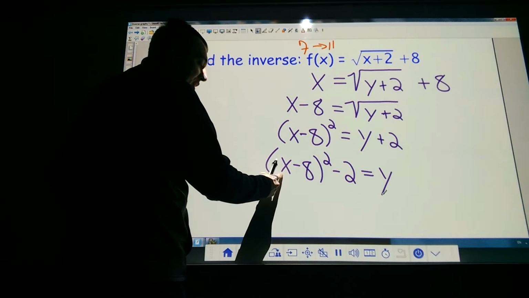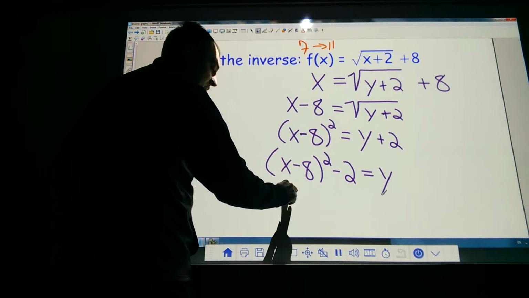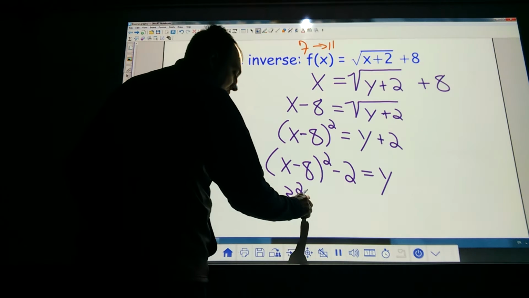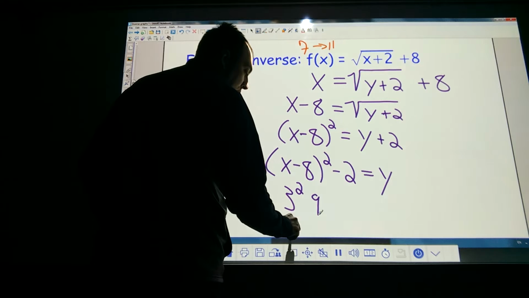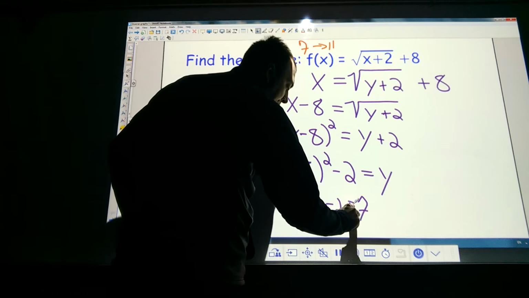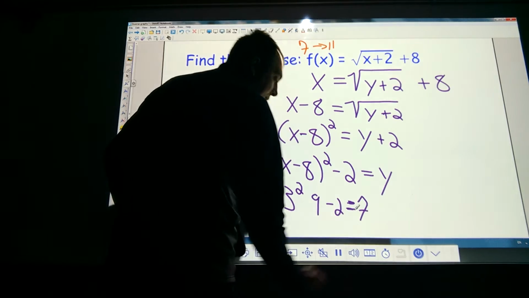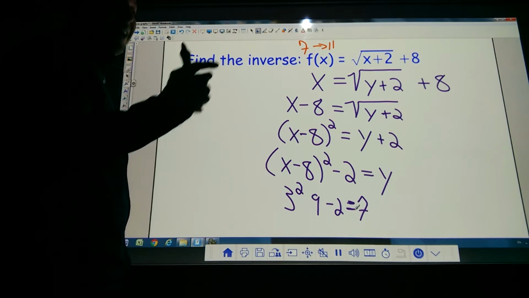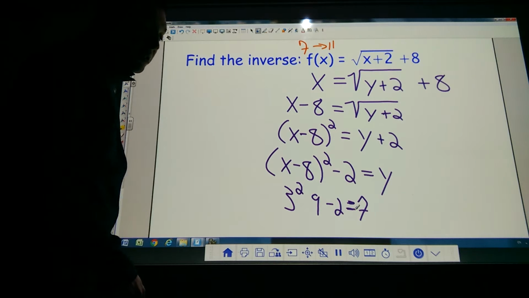Let's plug in 11. 11 minus 8 is 3. Then we're supposed to square it. 3 squared is 9. 9 minus 2 is 7. Boom. We probably did it right. So that's what we did yesterday. Switch x and y, solve for y, introduced inverses.